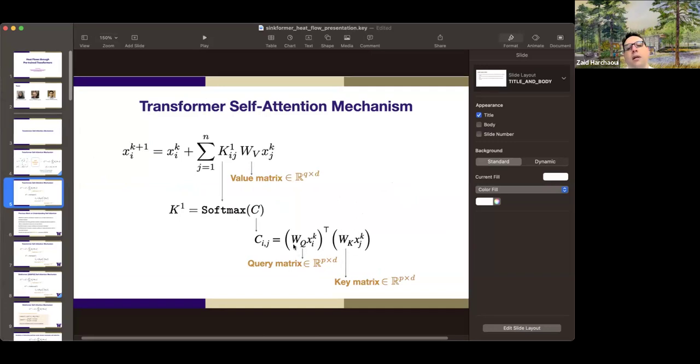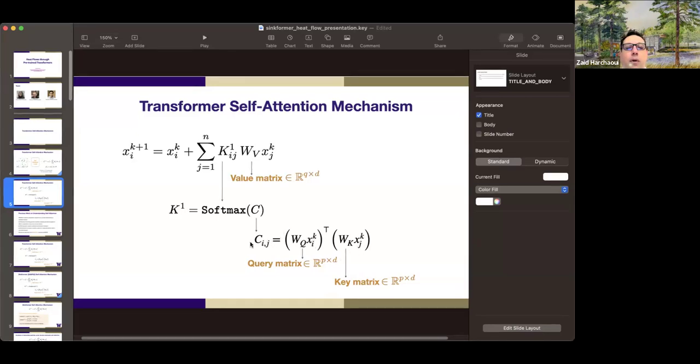The language and vocabulary comes from natural language processing, but for mathematical purposes, it's not really essential. We just consider these as two matrices that are symmetric and square, WQ and WK.